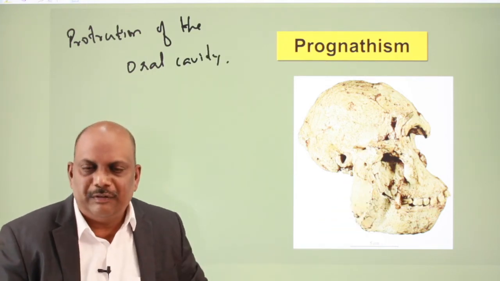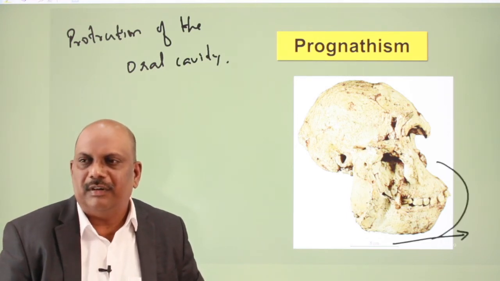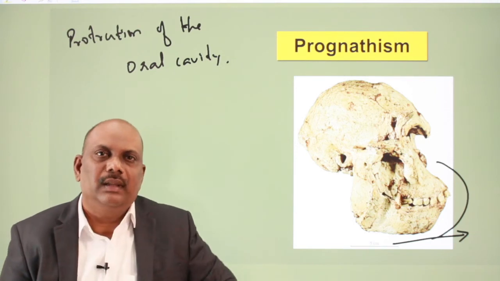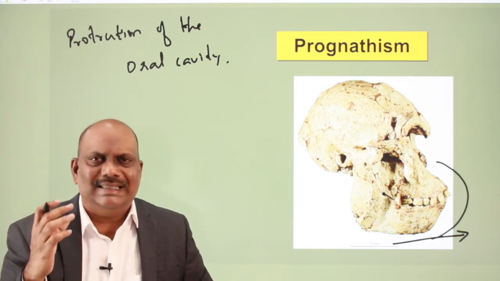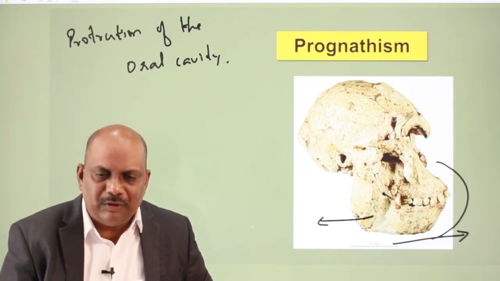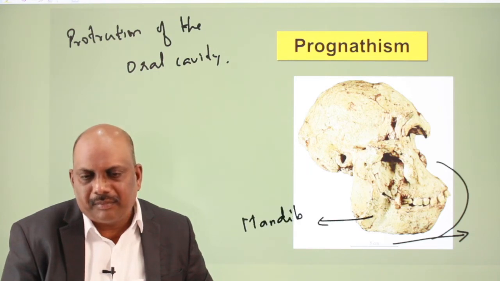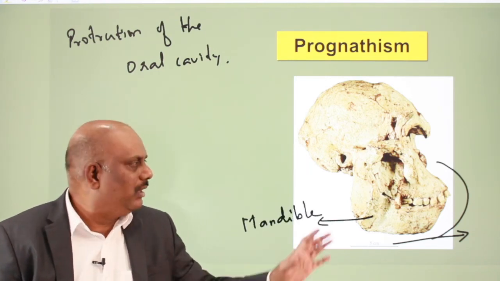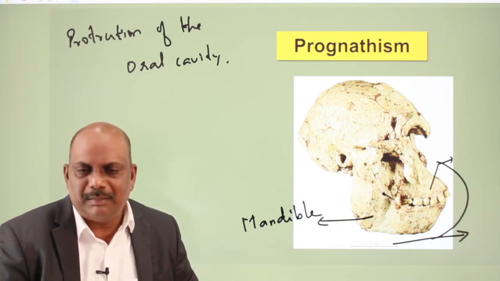We can feel as if this oral cavity is being projected forward. This is largely because of two or three reasons. The first and foremost is a large and massive mandible. Mandible refers to the lower jaw, and the upper jaw is called the maxilla.